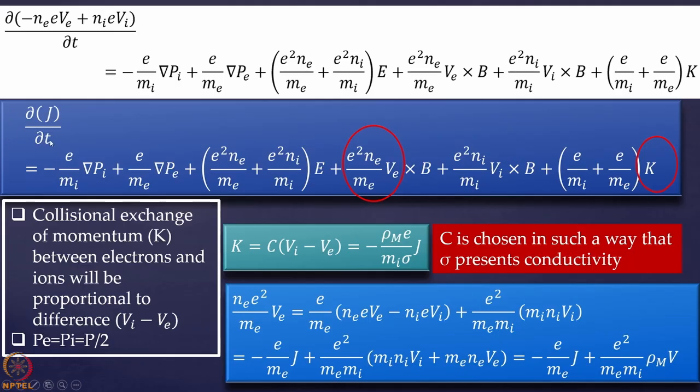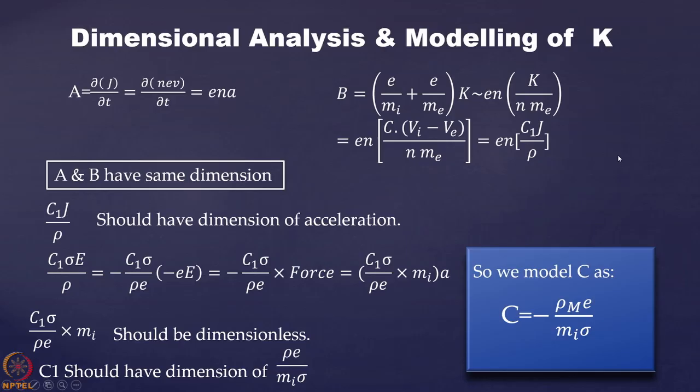We call this term A and this term B. So A is equal to del J by del T, and B is equal to this term, what you have seen there. If I remove e by m_e, they will also have the same dimension. It is obvious.